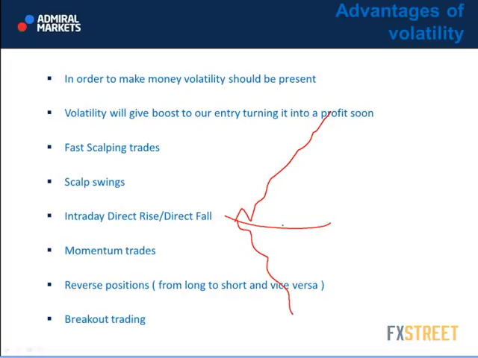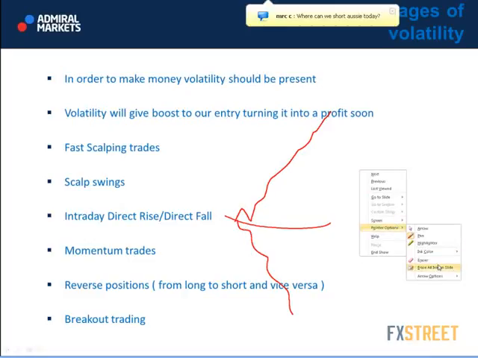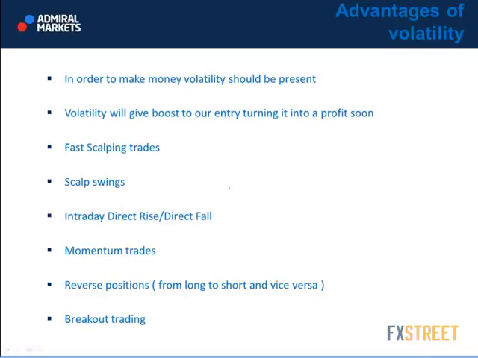Direct fall is contrary to direct rise. If the price is making lower lows, or a single low, without making a retracement, it's called direct fall. And the actual cause for direct rise and direct fall is volatility.